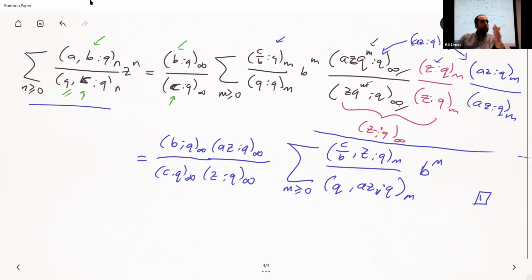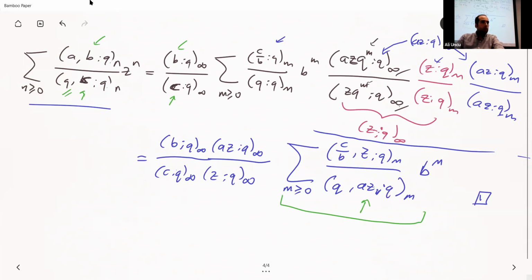And picking a would give us the similar thing, right? Now, look at here. We have a similar transformation again. We have a similar sum again, right? If we want to apply Heine transformation to this guy again, we can do it. Now the c in this choice would be az, right?